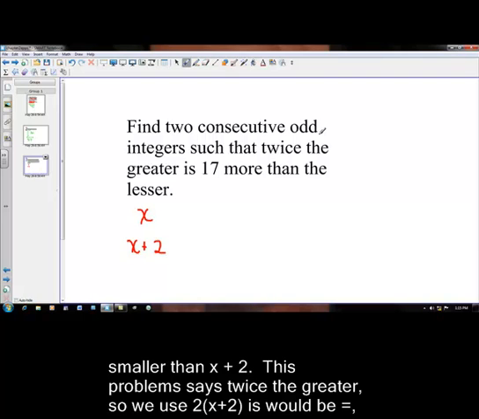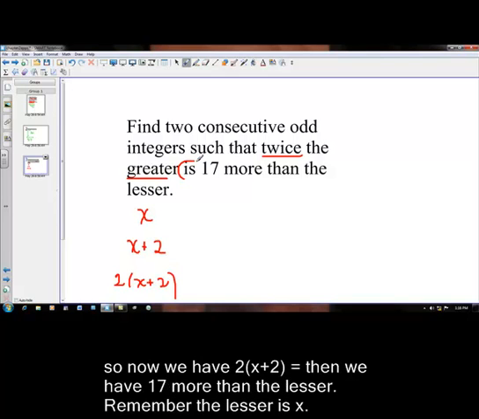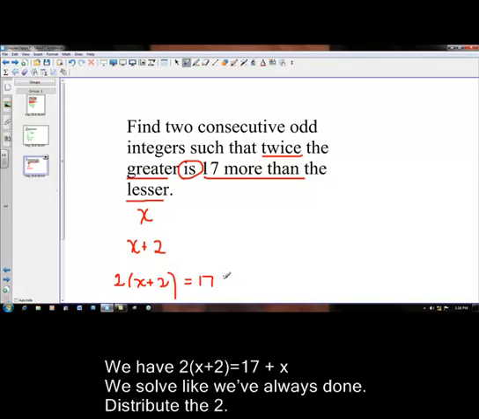The problem says twice the greater, so we use 2 times x plus 2. Is would be equals, so now we have 2 times x plus 2 equals 17 plus x, because we have 17 more than the lesser. Remember that the lesser is x.